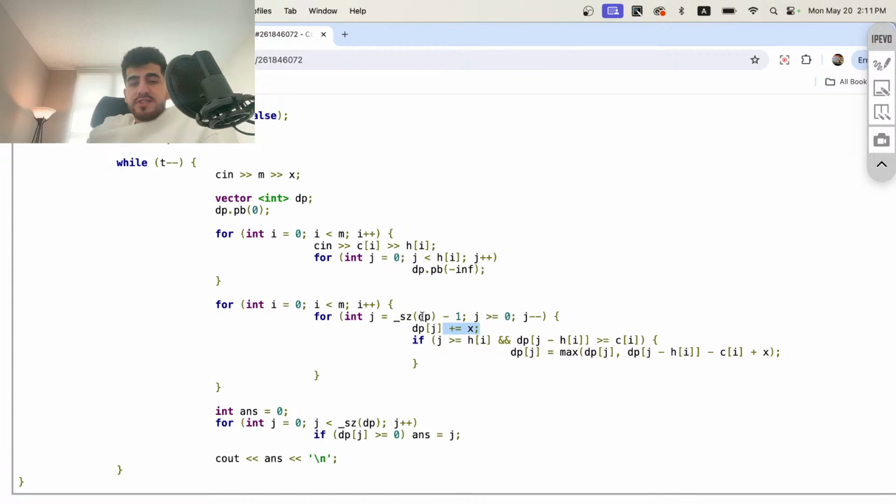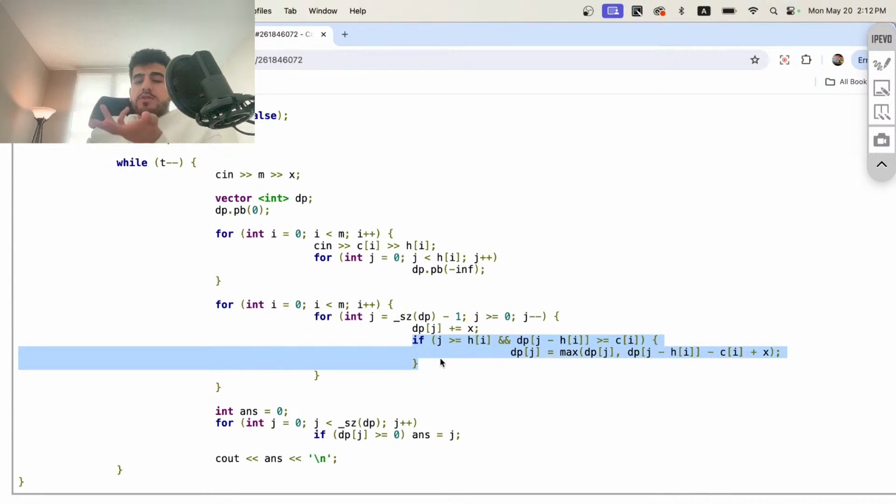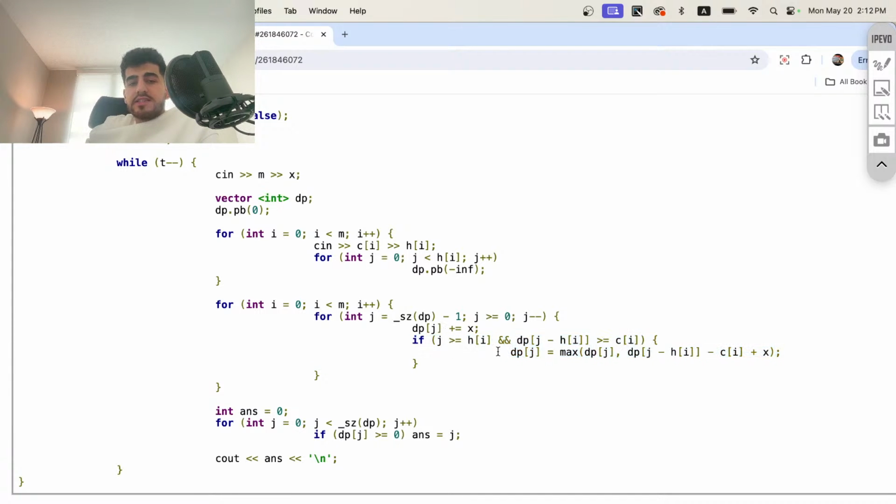It means that j definitely should be greater than or equal to this happiness, since we are considering the case that we bought this happiness. So our happiness should be greater than or equal to h of i. And also, dp of j minus h of i should be greater than or equal to ci. It means that I should have at least ci money in my dp of j minus h of i, if my happiness was j minus h of i and I was able to save at least c of i pounds.